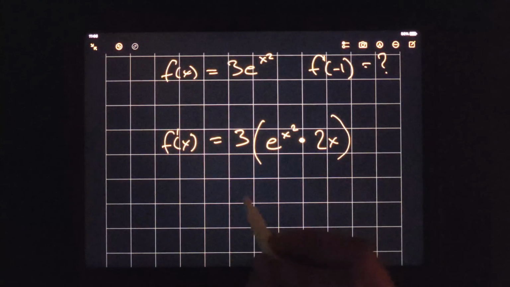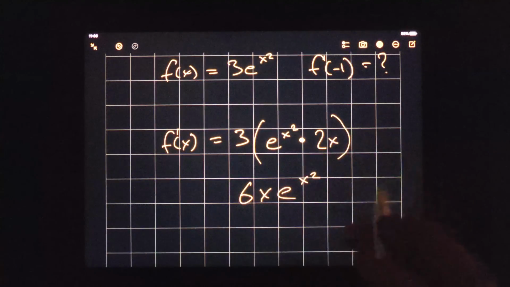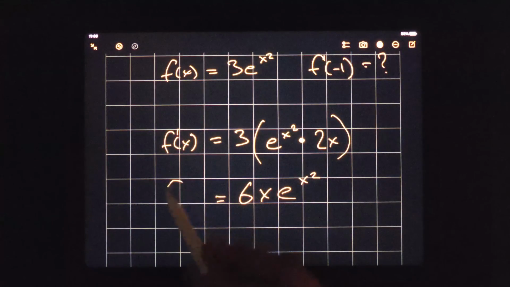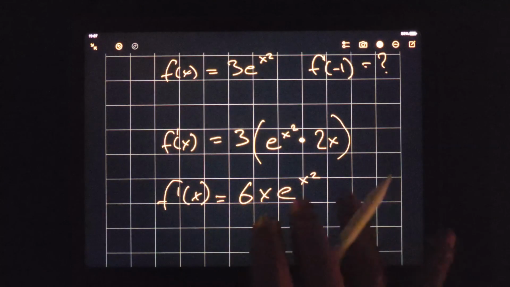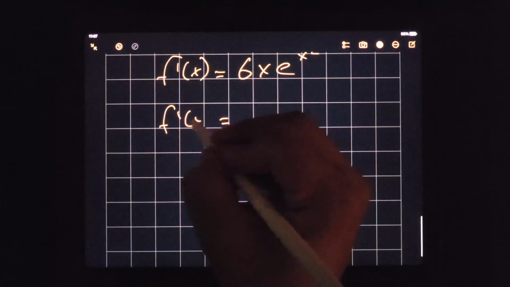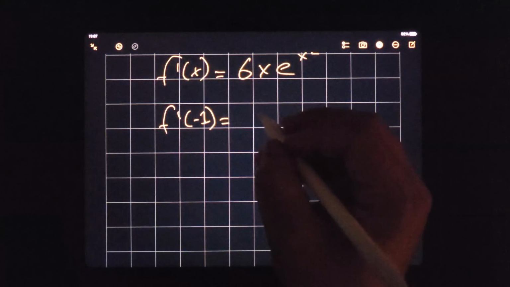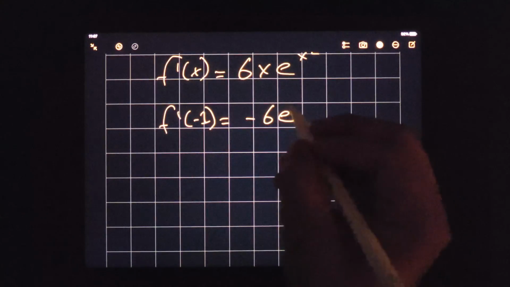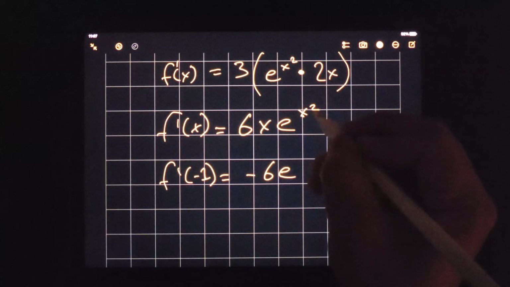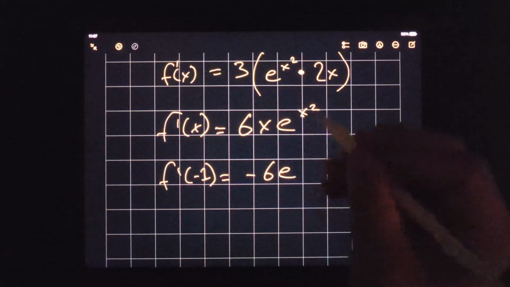So we should get 6x e to the x squared. And if you plug in a -1, you should get -6e, because -1 squared will become +1, e to the 1 is just e, and that'll become -6.